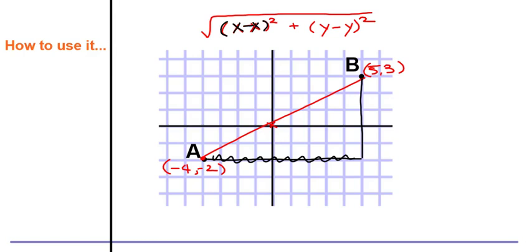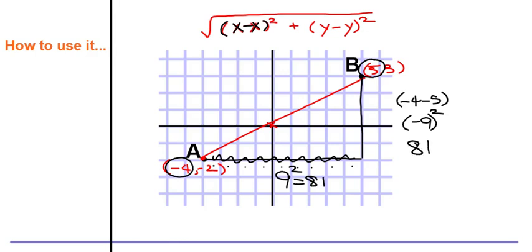So I can count these spaces, 1, 2, 3, 4, 5, 6, 7, 8, 9. Or I can take these values right here and subtract them. -4 minus 5, -9. And ultimately what I'm going to do is square that number. It doesn't matter if the number is positive or negative, you're going to get positive 81 for both of them.